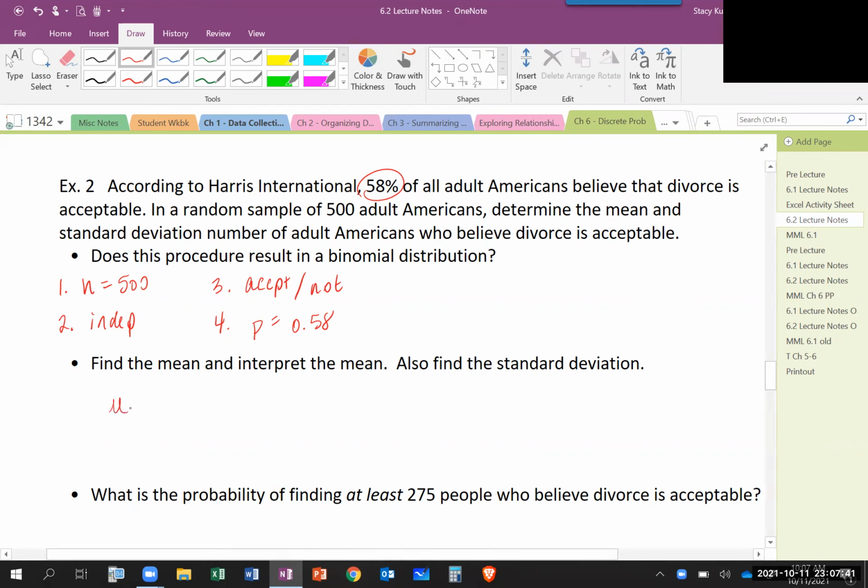So the mean, mu sub x, is equal to N times p. That's the formula we're working with. That is what we expect to have, our average expectation. In this case N was 500, p is 0.58. And so on your calculators, you just need to multiply 0.58 times 500.